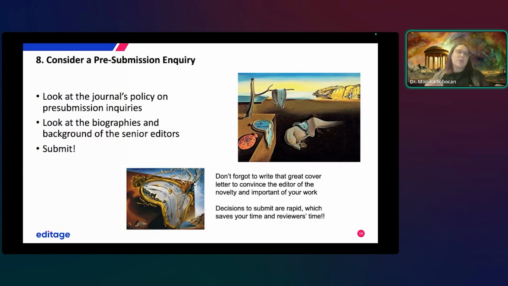So, meaning, if you ask the editor, can I submit to your journal? Do you think this will be a good fit? And the editor answers, yes, I think this is a good fit. Then at that point, you should be nearly 95% ready to submit the manuscript.